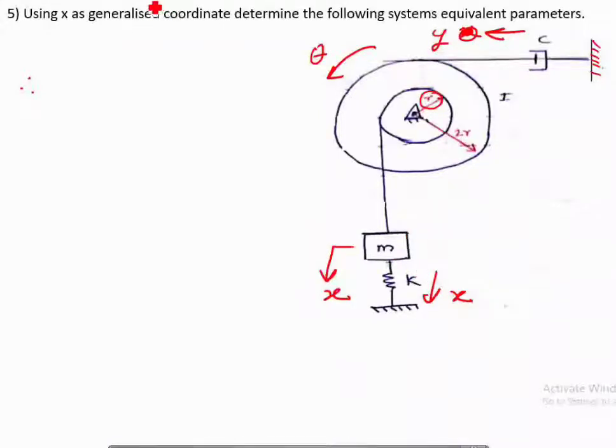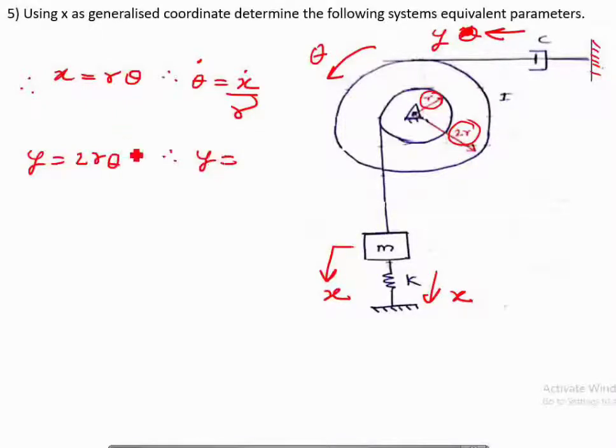So I can write x is equal to r theta. Therefore theta is equal to x upon r, and theta dot is equal to x dot upon r. For the damper, the displacement is y and it is connected to the outer pulley having radius 2r. So y is equal to 2r theta.